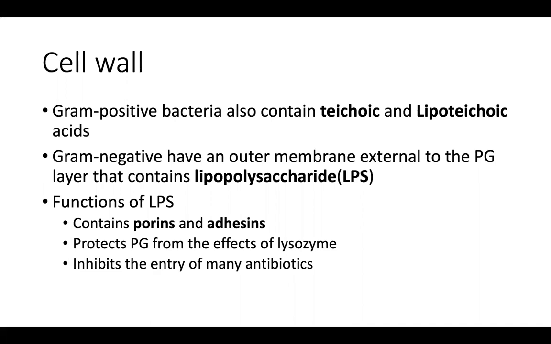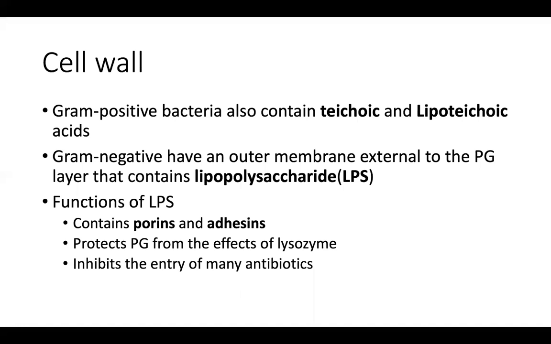And so if you have a very big molecule, it will not get inside the gram-negative bacteria. You'll see this when you're looking at antimicrobial agents or drugs that we use against gram-negative bacteria. There are some drugs that we cannot use for infections caused by gram-negative bacteria because they're too large. So they cannot get through the porin channels to get into the target.